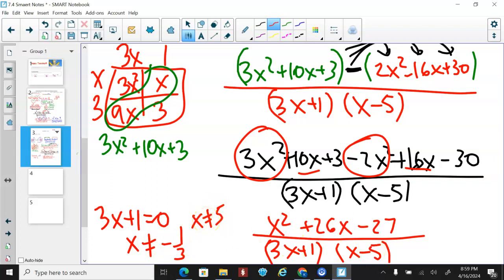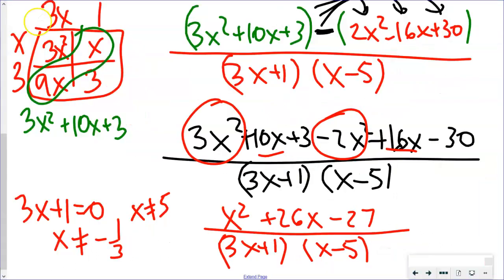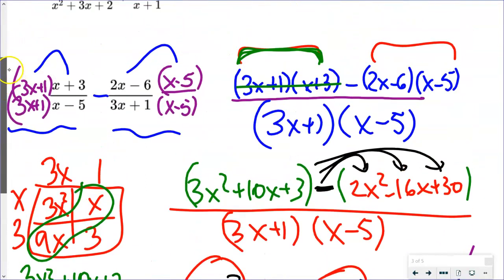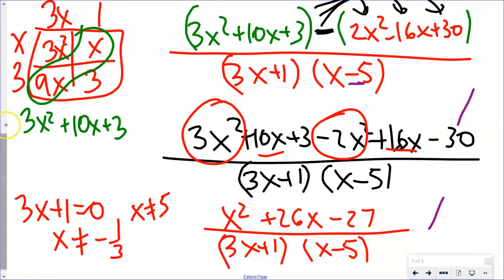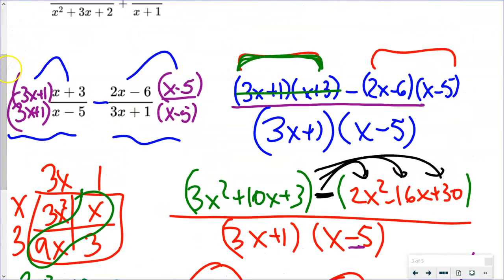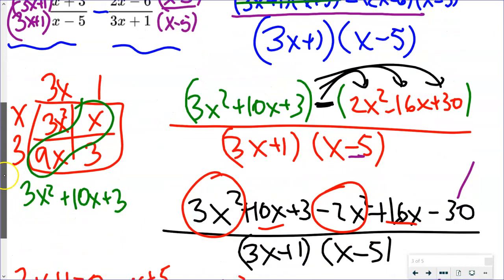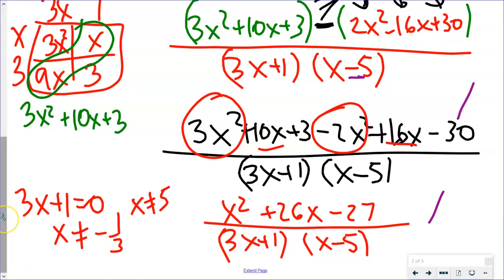Okay? Now, you might be asking why I didn't distribute the negative right here. Okay? You can. All right, so again, if you need to pause this to write the rest of it down, please do so, because I'm going to erase it.